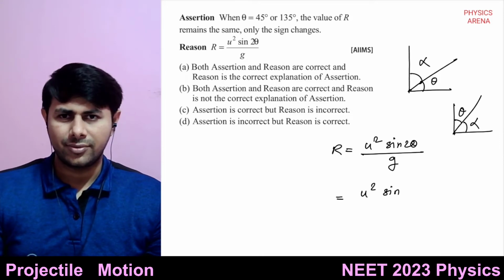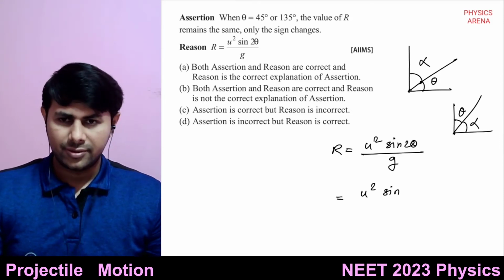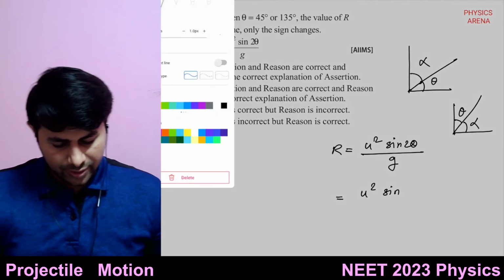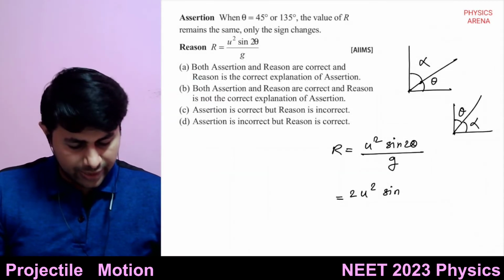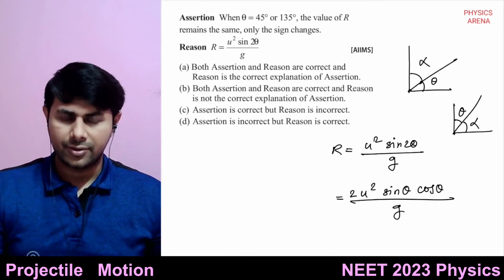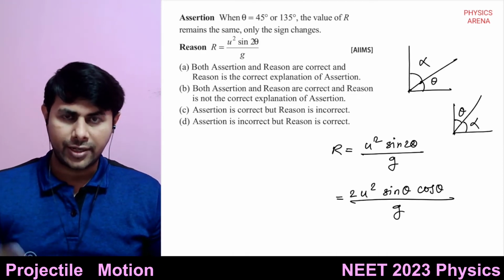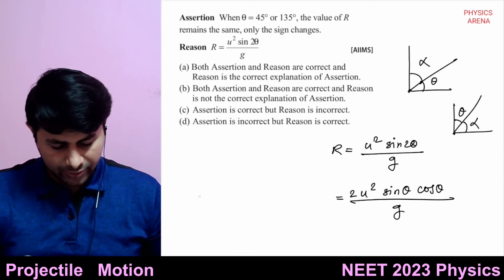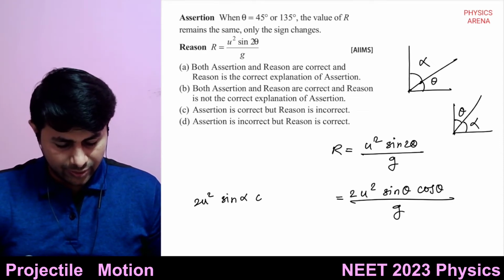Why? Because this is 2 times sine theta cos theta upon g. And for projectile which is thrown at alpha, it will be 2u square sine alpha cos alpha divided by g.